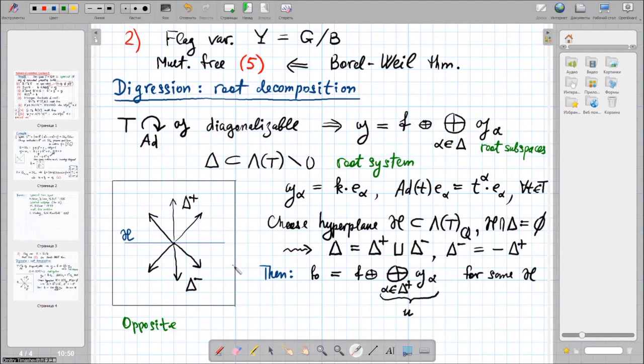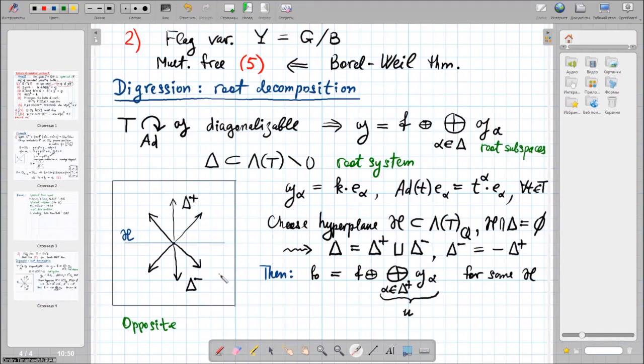Do we use that the character and its inverse correspond to the same eigenspace? No, of course they correspond to different eigenspaces because these are different characters. Alpha and alpha inverse, or minus alpha in the additive notation, are different characters of T, and they correspond to different eigenspaces, to different root subspaces.